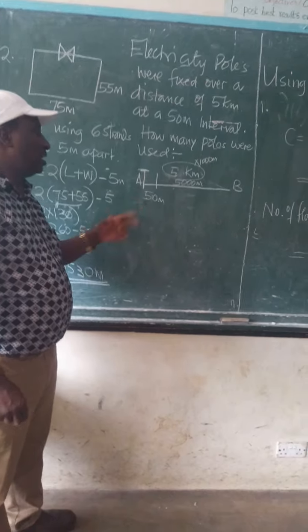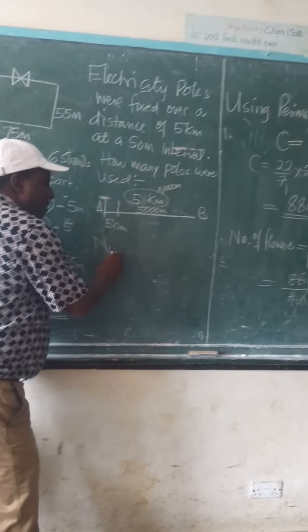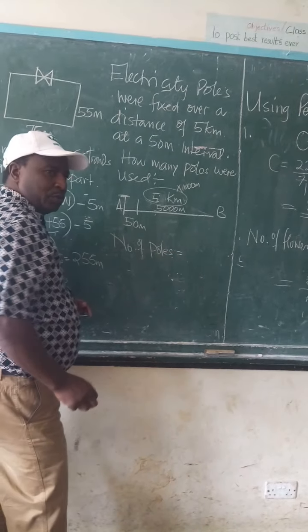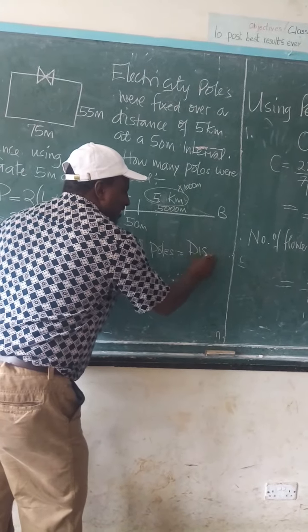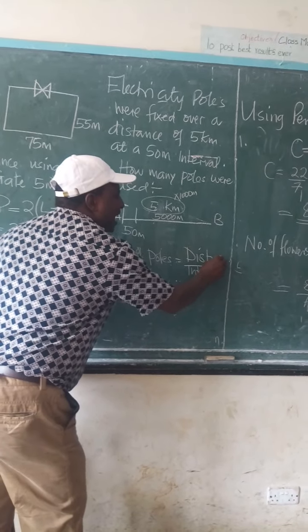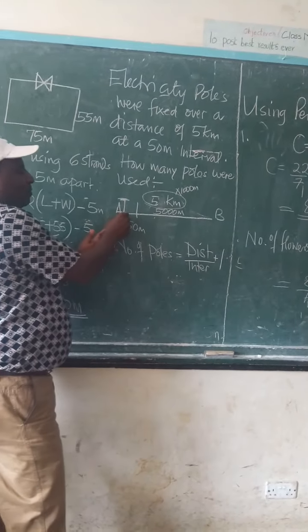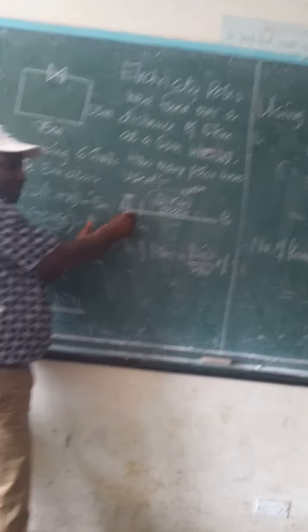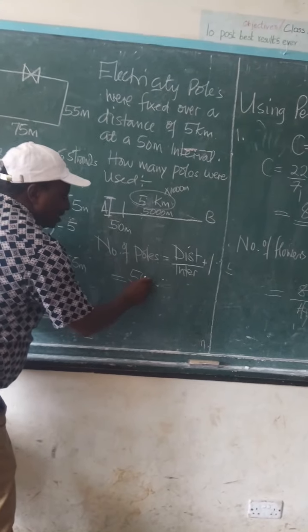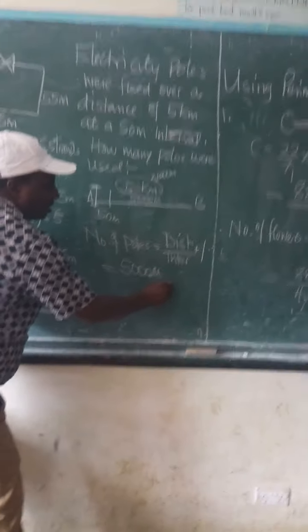So the number of poles equals distance over interval plus 1, for the first pole, which did not have the interval. In this case, the distance is 5,000 meters.